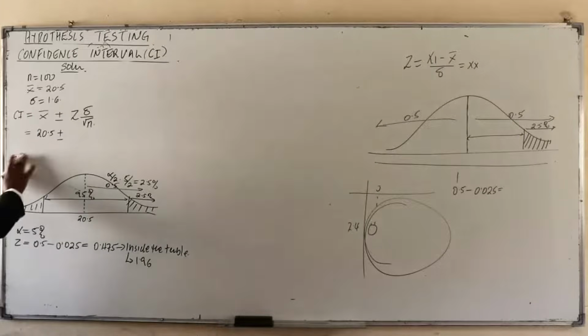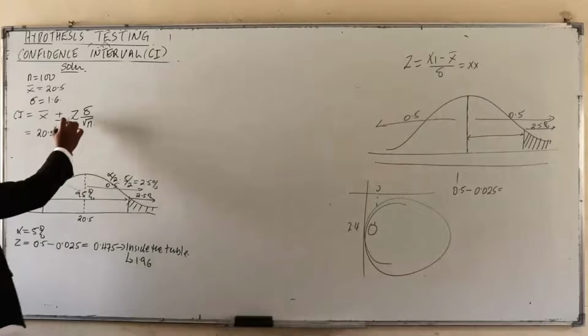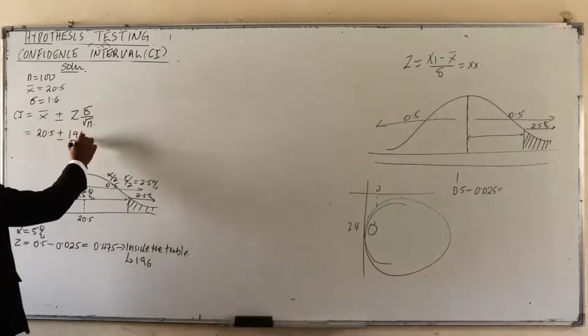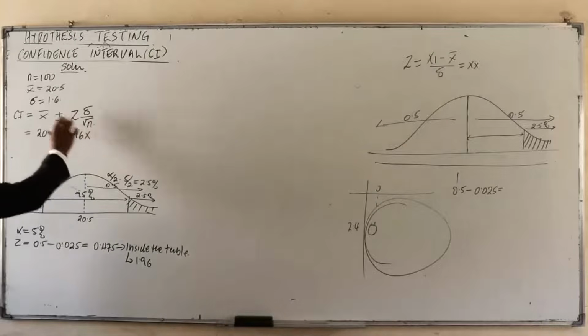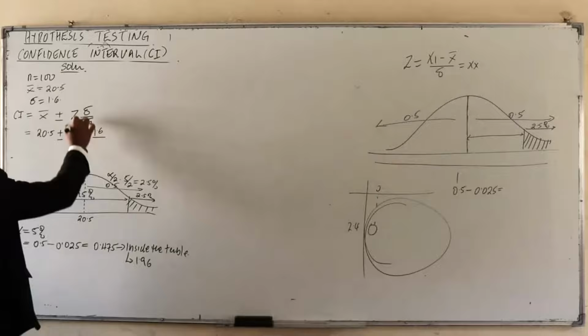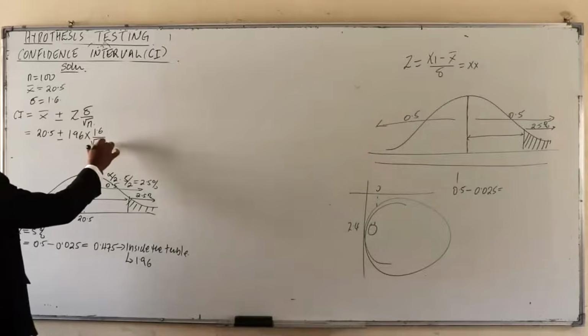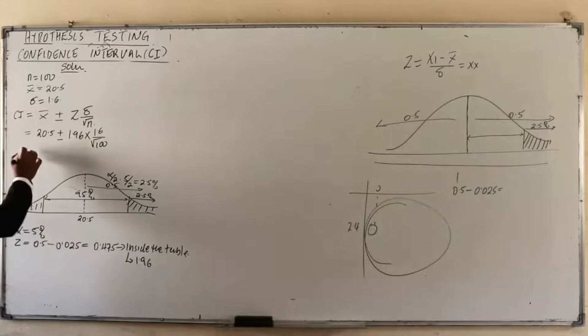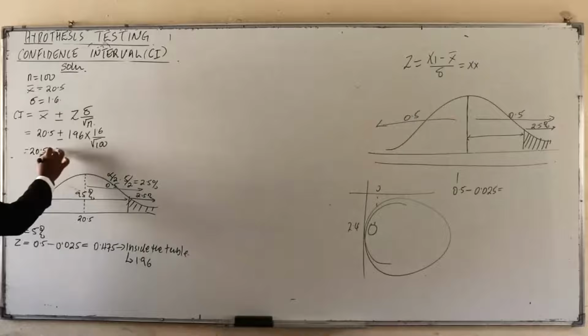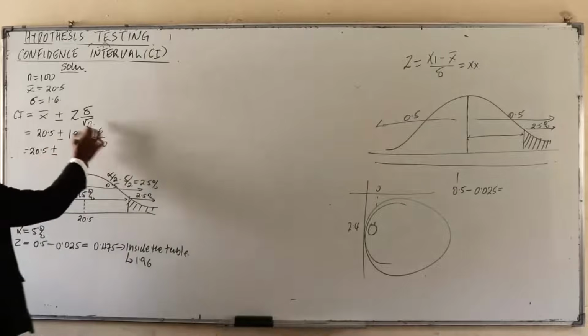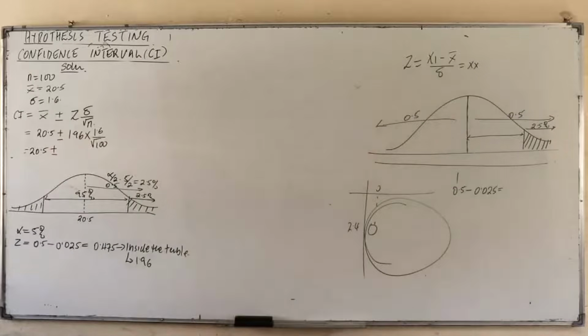So our Z, we have already computed, it will be 1.96 times standard deviation of 1.6 over square root of n. N was 100. So it will be 20.5 plus or minus. Now give me the margin of error. It can either increase or reduce by how much?